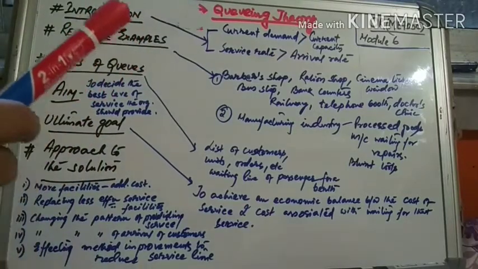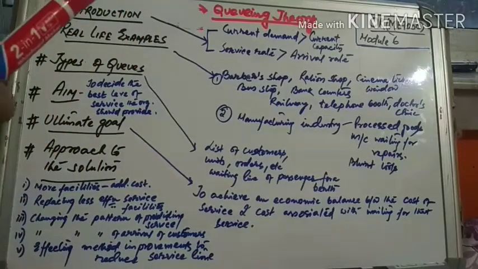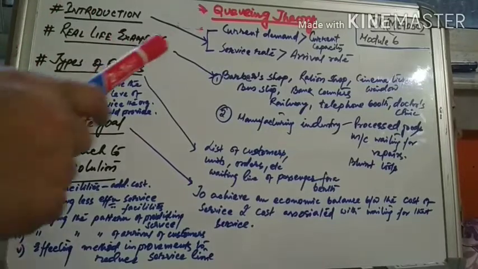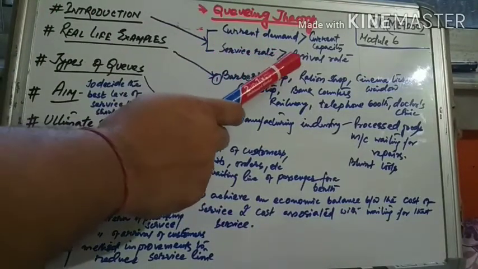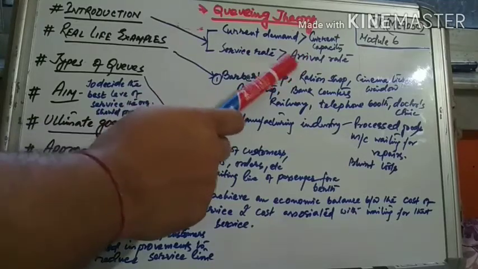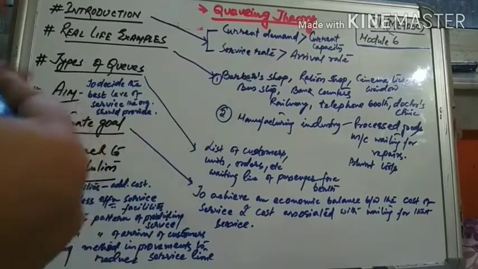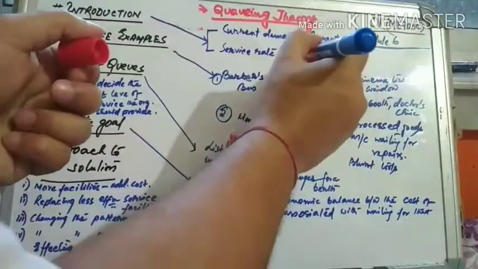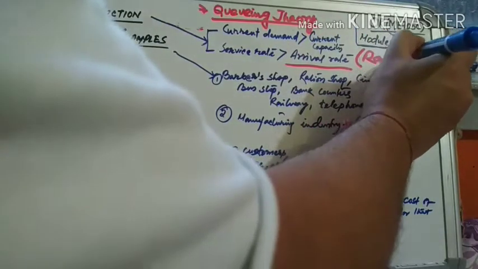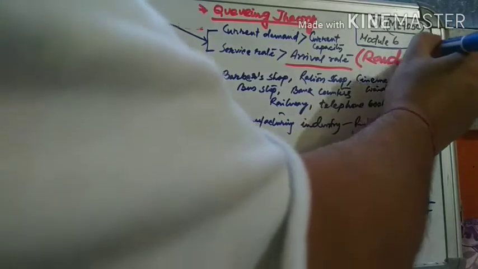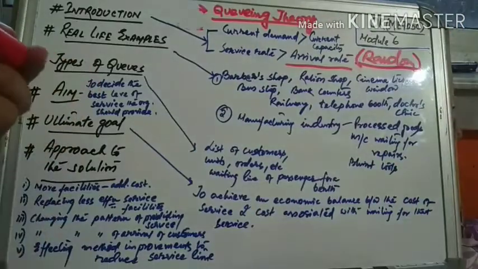And queues are also formed even when the service rate is higher than the arrival rate, due to a random pattern of arrival of customers.